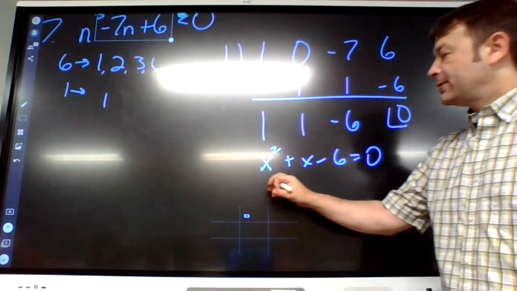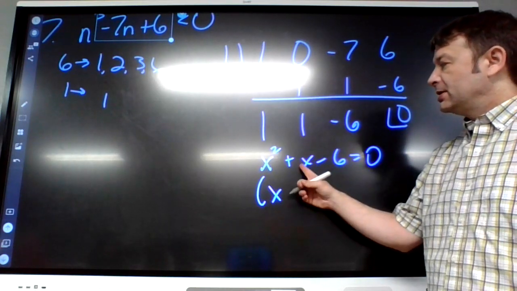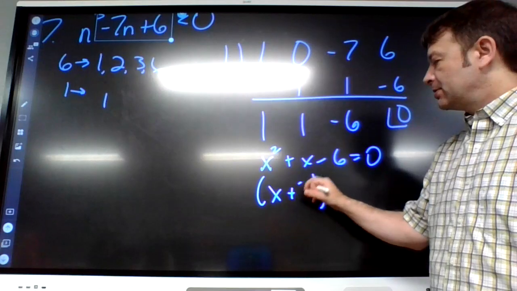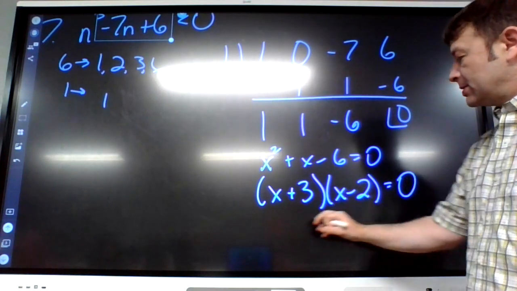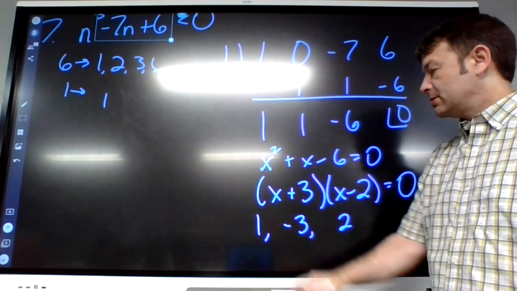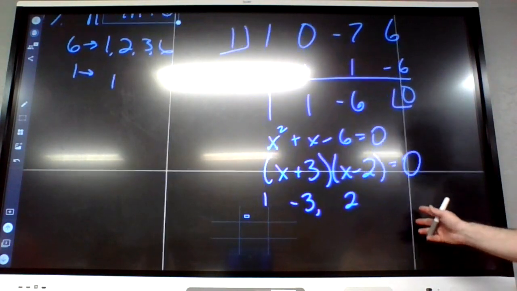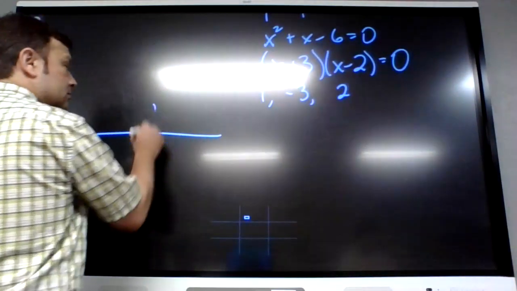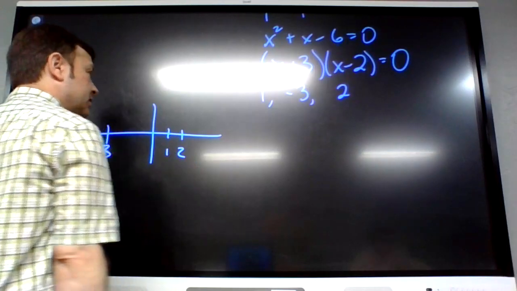And this does factor, right? What multiplies into -6 and adds up to 1? 3 and -2. So those are the roots. So -3 is way over here, 1 and 2 are here.